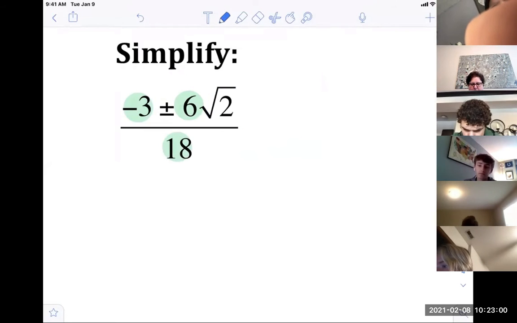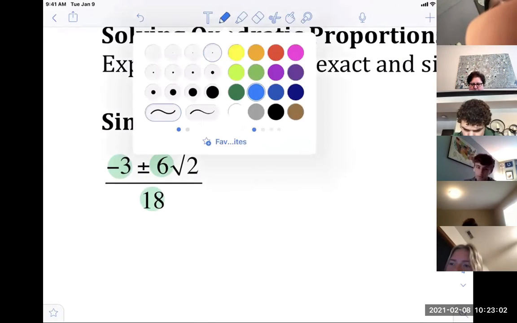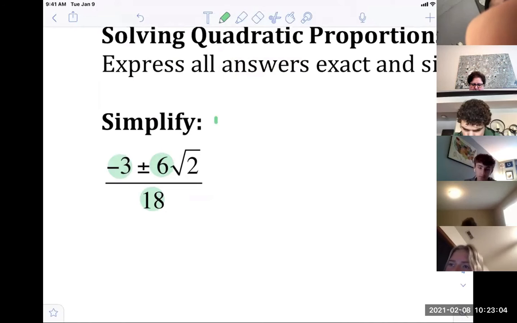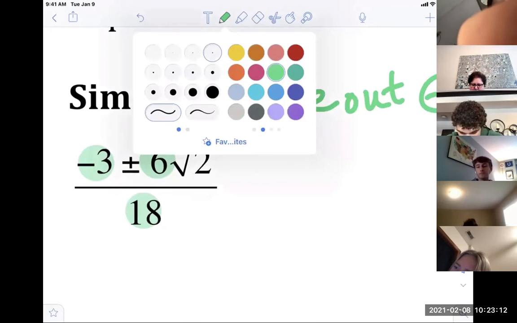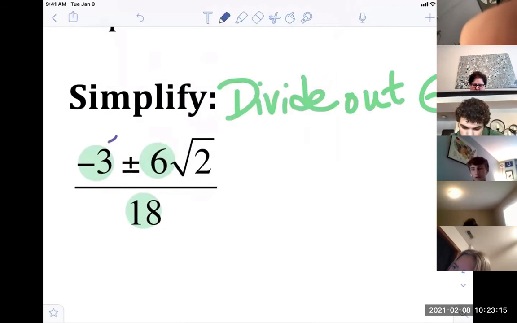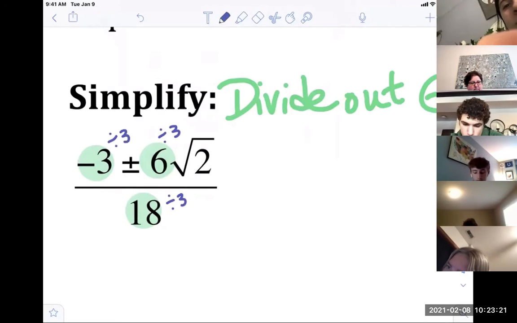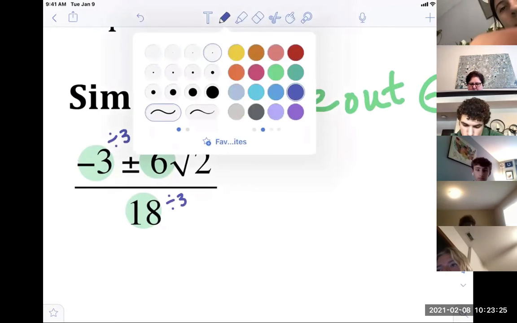Okay, so what can you divide out of those numbers? 3. That's the greatest common factor. Okay, so we're going to divide each of those numbers by 3. Now, when you do that, Lily, tell me what you're going to get when you divide out 3.